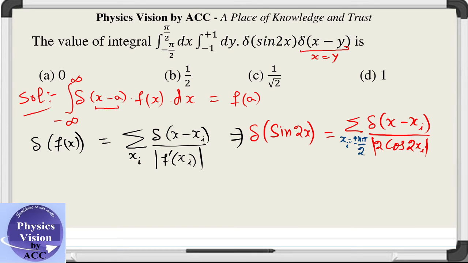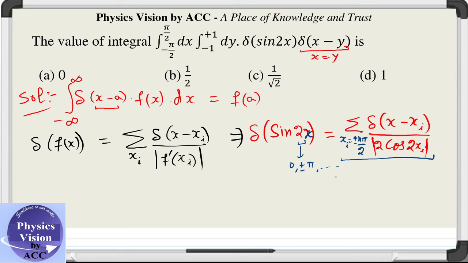Why n pi by 2? Because sine 2x is 0 at x equal to 0 or plus minus pi or plus minus 2 pi and similarly plus minus n pi. So the value of x will be 0 and plus minus pi by 2, plus minus 2 pi by 2, plus minus 3 pi by 2, that is plus minus n pi by 2, right? We got this final formula.